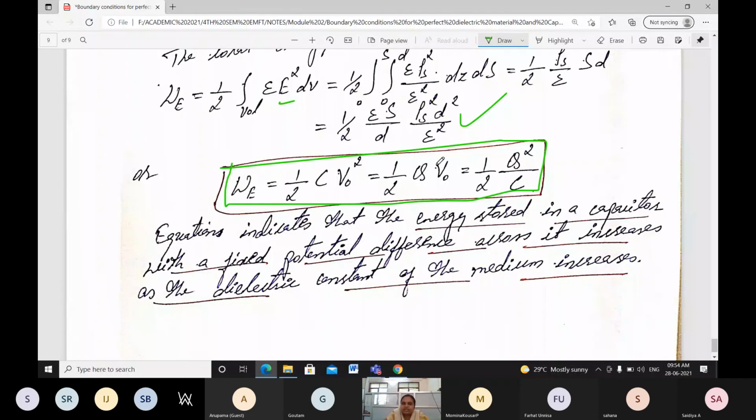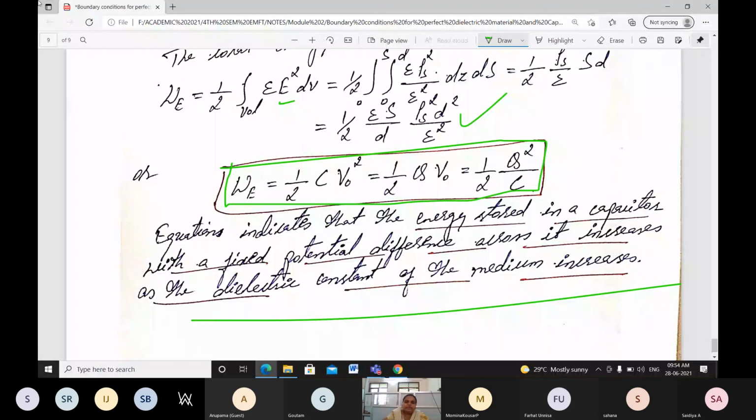The equation indicates that energy stored in the capacitor with a fixed potential difference across it increases as the dielectric constant of the medium increases. It means it depends on the medium where you are placing your capacitor. If the dielectric is more, then the storing capacity is more.